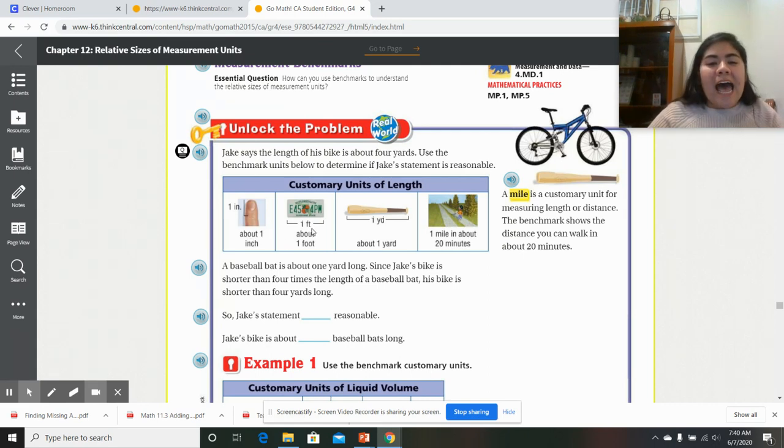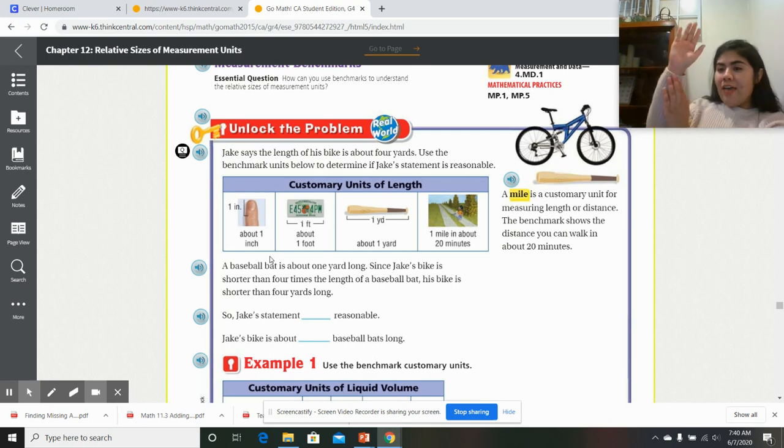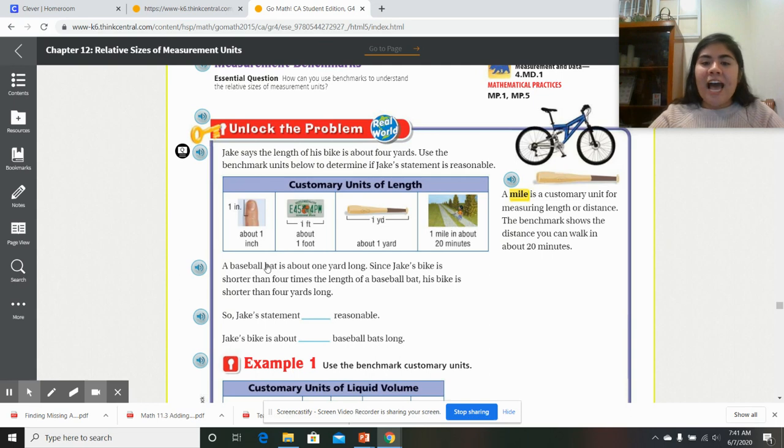If you look at a license plate like we have here, that's about 1 foot. And they also say that this part of your arm here, your forearm, is about a foot in measurement. Okay. Then we have 1 yard. So a baseball bat is about 1 yard. Some of you may have seen yardsticks in the class too. Those really long looking rulers.